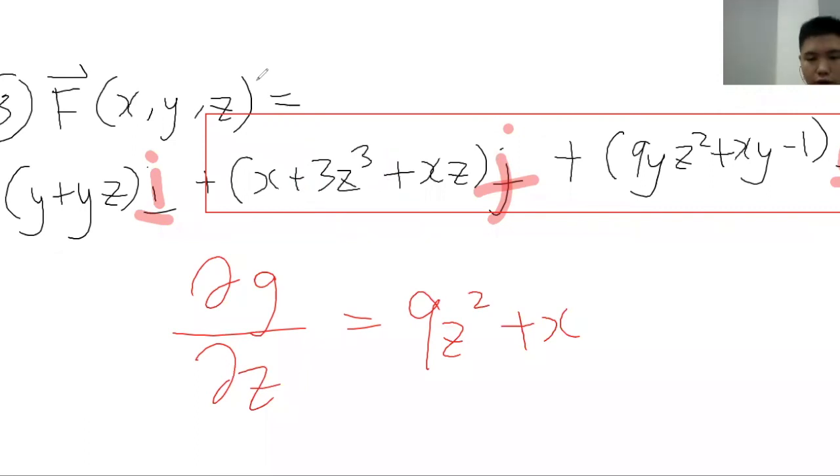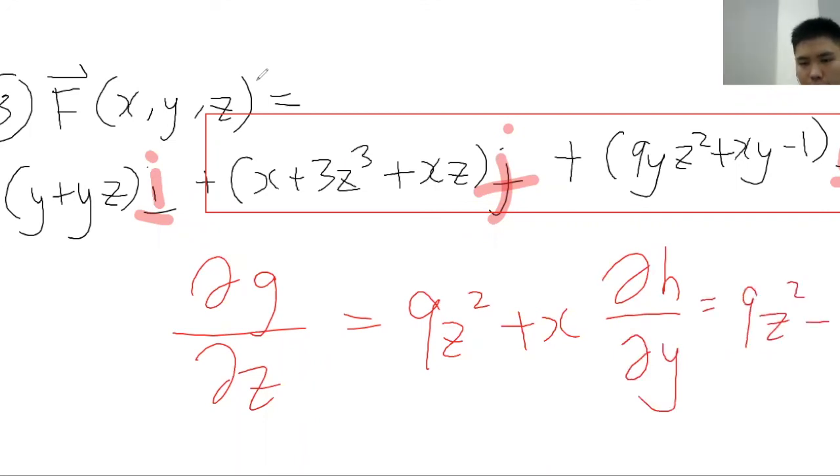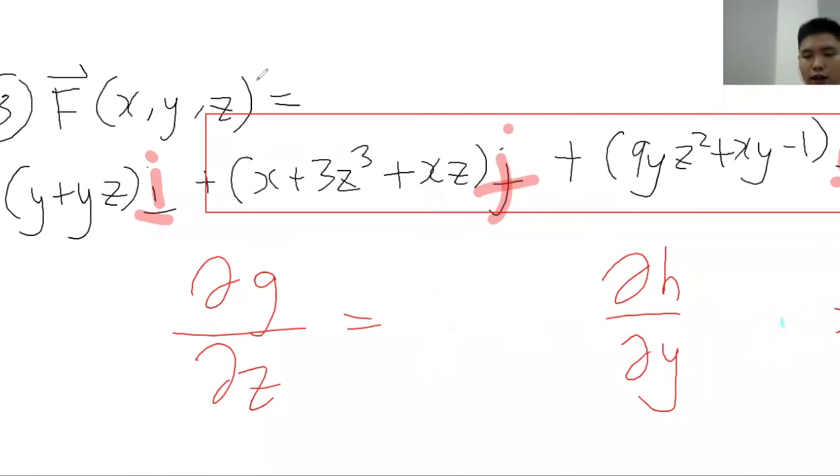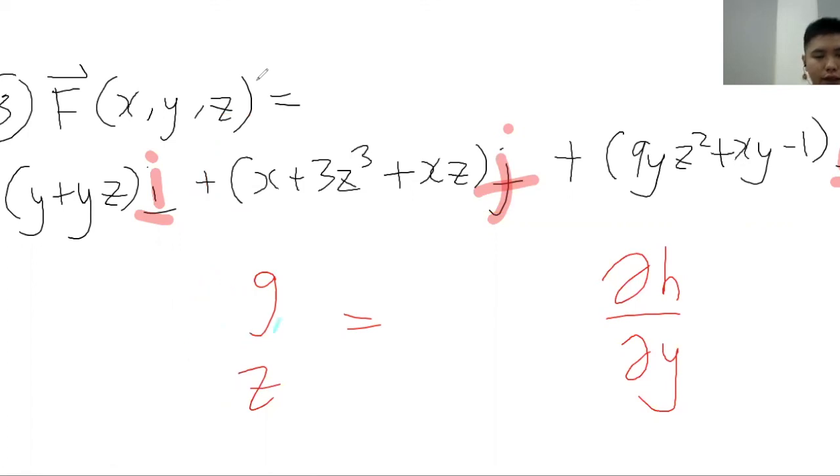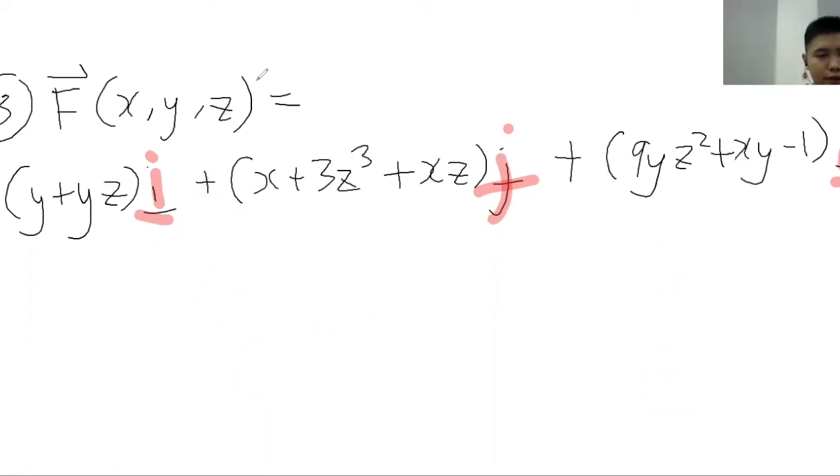And for the opposite, there we got 9z squared and then plus x as well. So we can say both sides are the same. So satisfied our test.